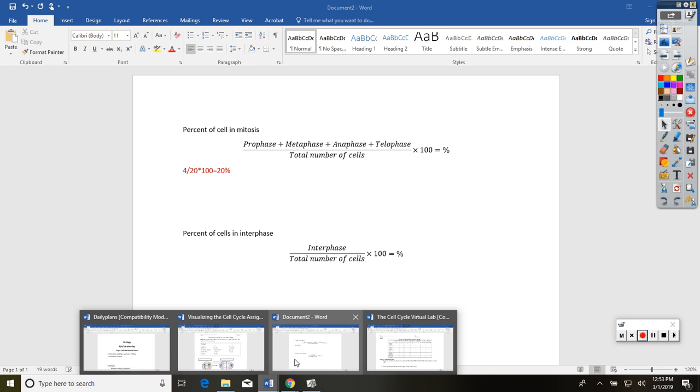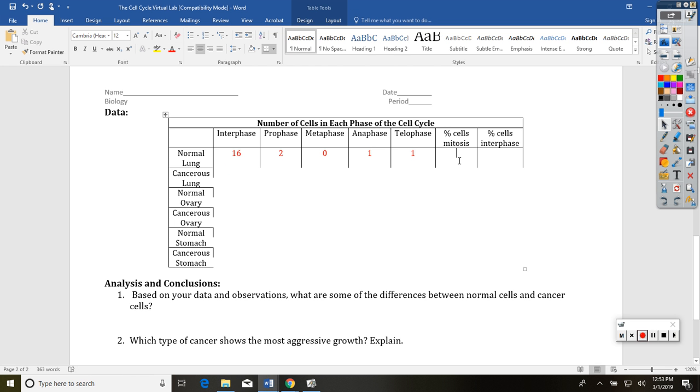So I would come back to my handout and I would label 20% on my handout.